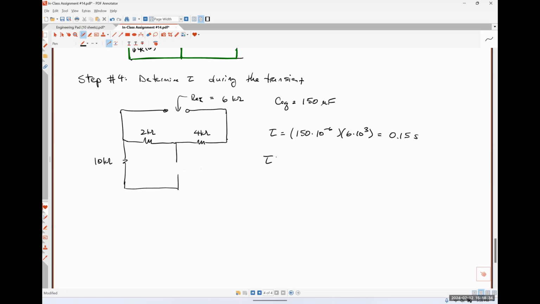And the inverse of tau is then 20 over 3 per second. Anybody have any questions or concerns about step number 4?